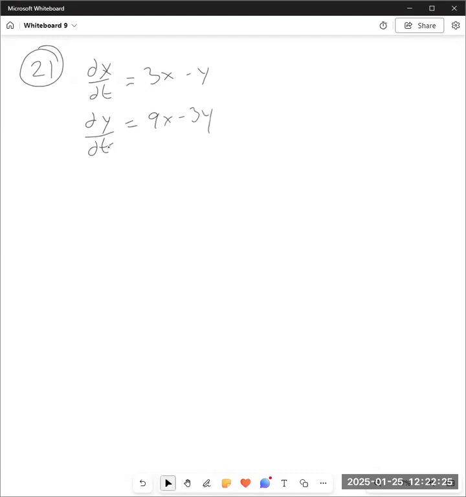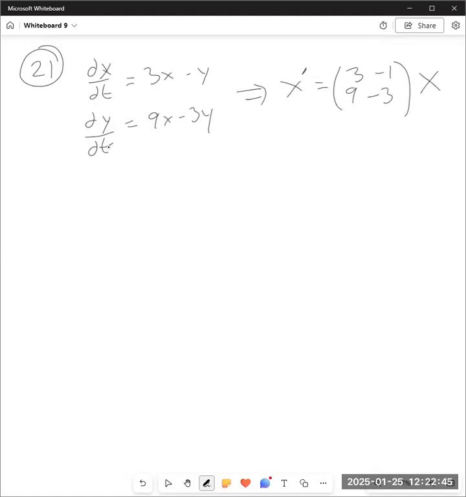That gives us a system of differential equations that can be written in matrix form as X prime is equal to [3, -1; 9, -3] times matrix X.